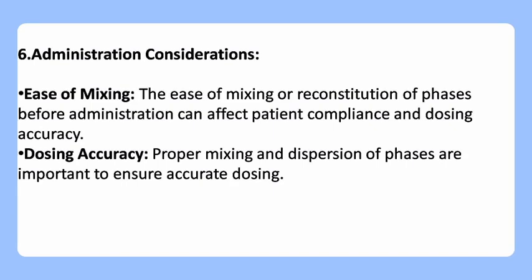Sixth, administration considerations. Under this, A. Ease of mixing. The ease of mixing or reconstitution of phases before administration can affect patient compliance and dosing accuracy. B. Dosing accuracy. Proper mixing and dispersion of phases are important to ensure accurate dosing.